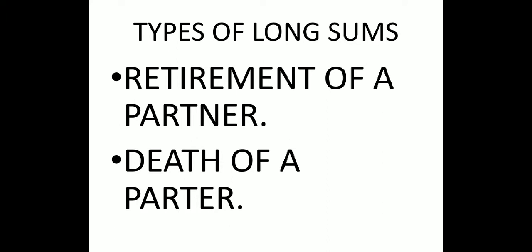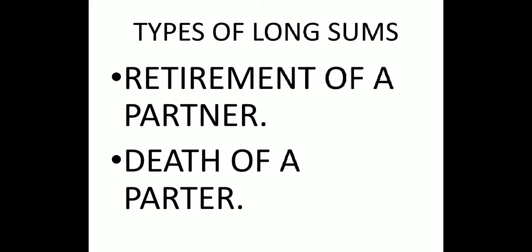Yeah. So, retirement of a partner. As I said, we have understood 2 types of long sums. The sums that we did in the very beginning are about retirement of a partner. There are 3 partners. One of them retires.